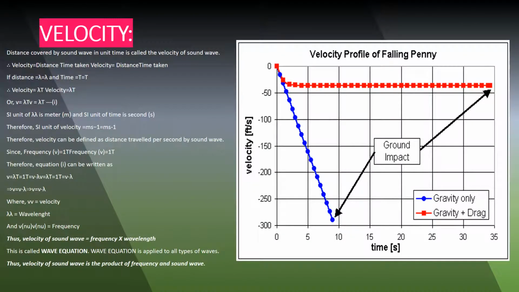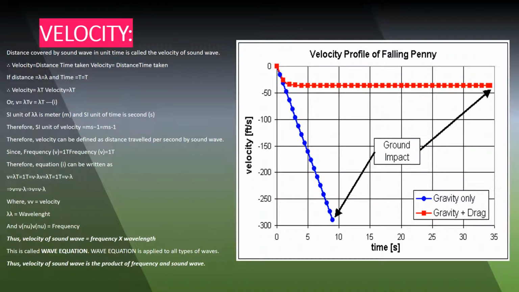Thus, velocity of sound wave equals frequency times wavelength. This is called wave equation. Wave equation is applied to all types of waves. Thus, velocity of sound wave is the product of frequency and wavelength.